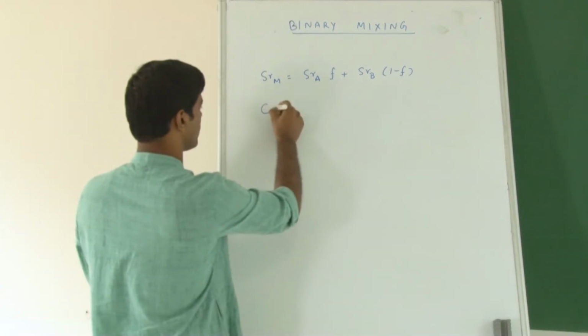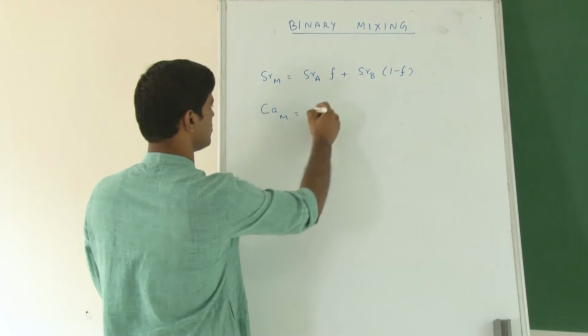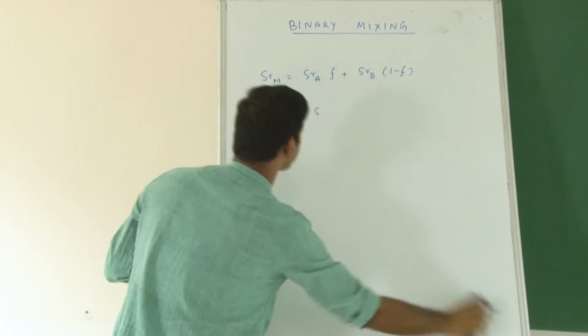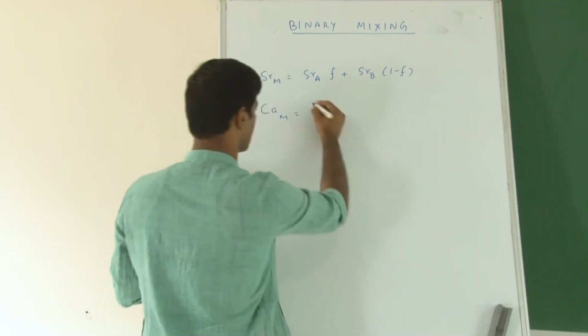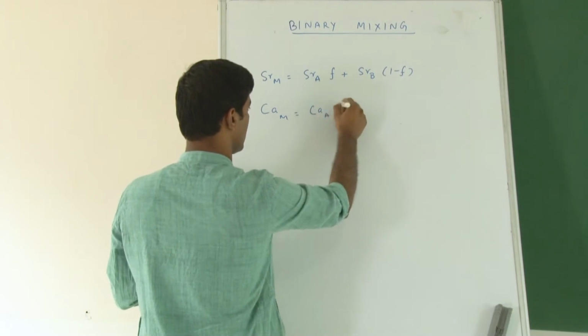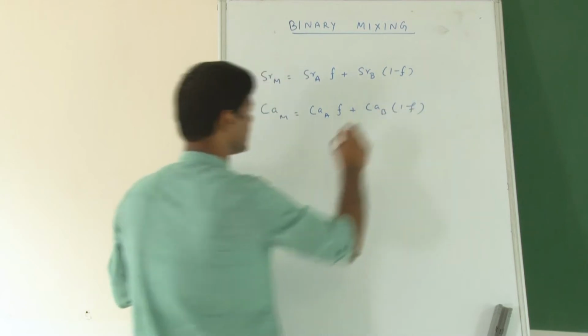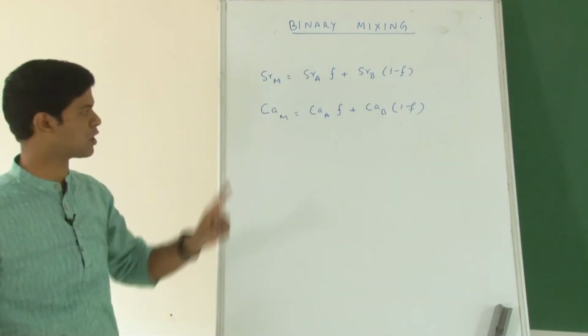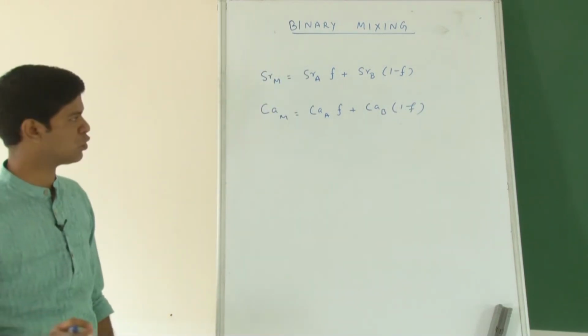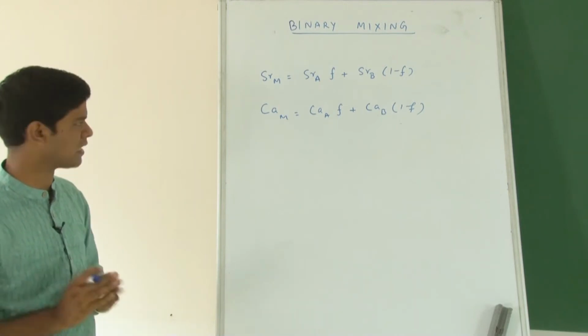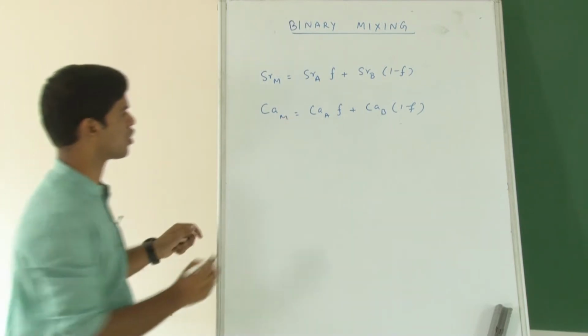Now, if you have another element like calcium, this will be calcium A into F plus calcium B into 1 minus F. The F will not change because you are talking of the same two sources and they are mixing. So, this F is not going to change.